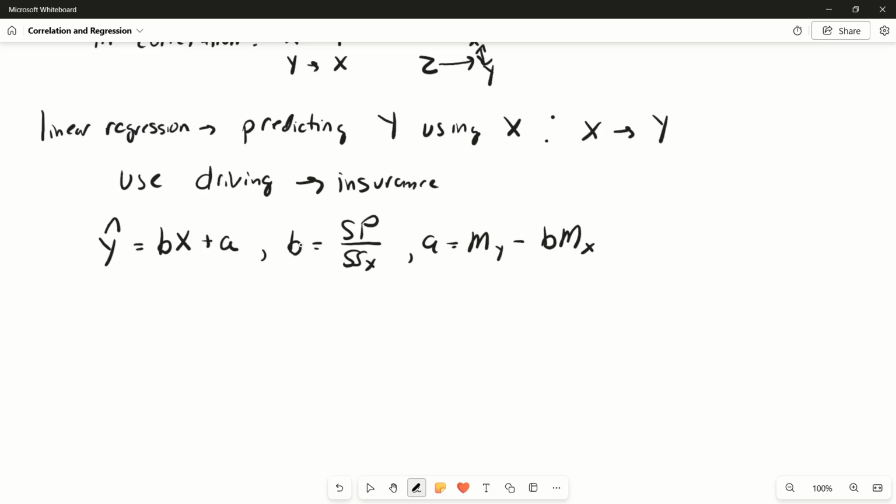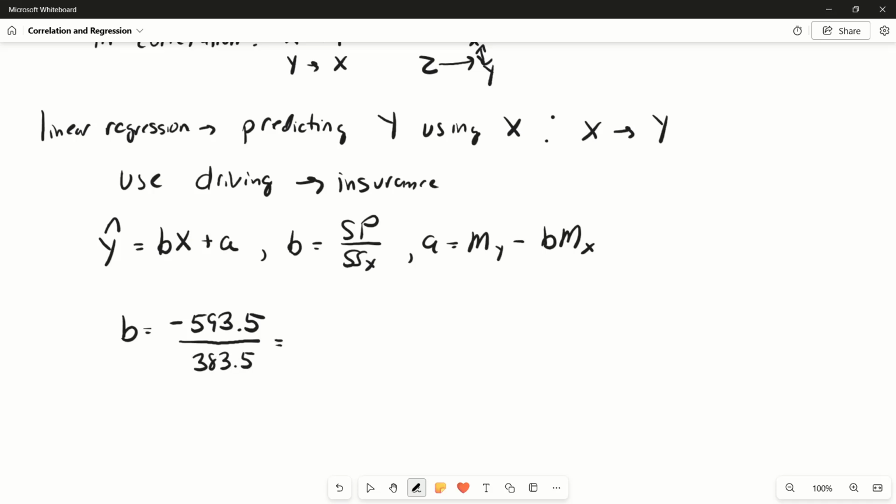Let's start with the slope. In this example, our SP from up top was equal to negative 593.5, and our sum of squares x was equal to 383.5.